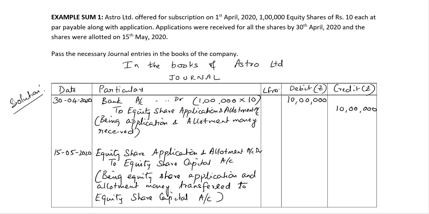The amount of the application and allotment money is 10 lakh rupees. So this is the answer to the first example sum, where the amount is payable in lump sum.